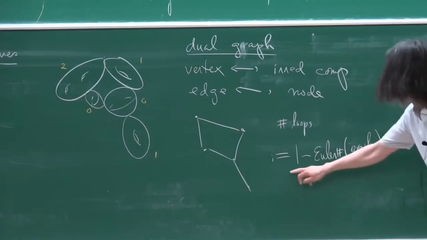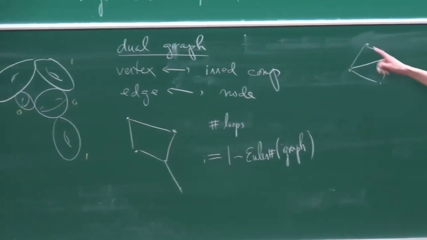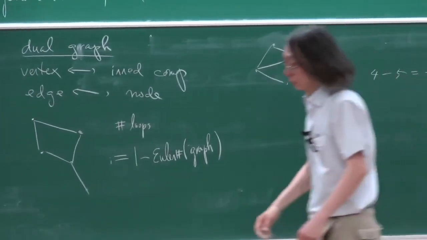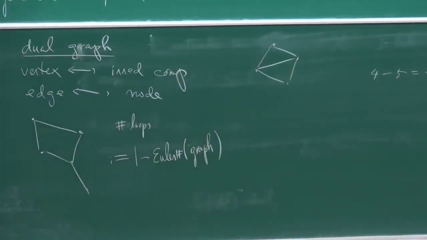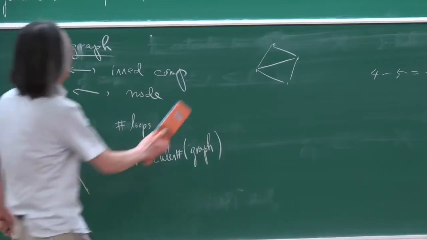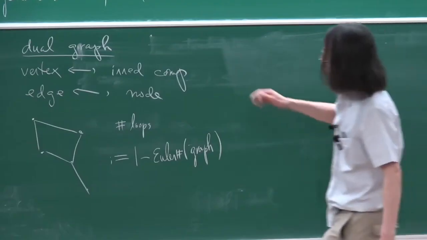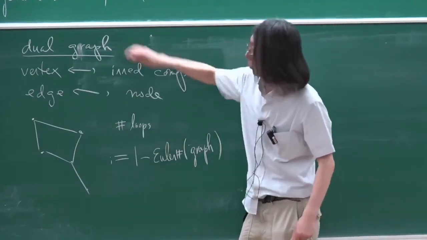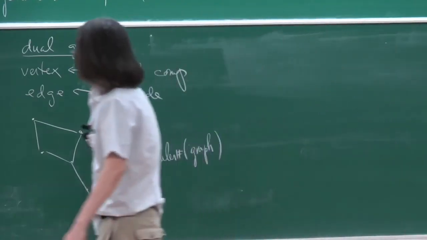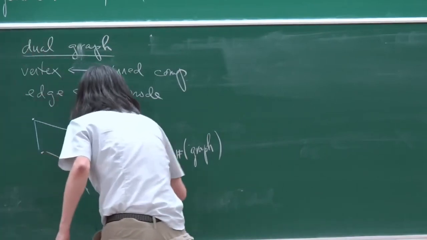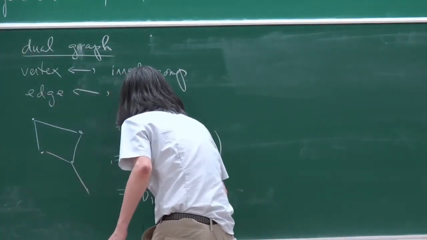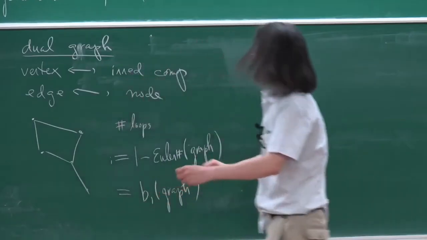Therefore, 1 minus minus 1 equals 2. So I just look at the first Betti number of the graph. Anyway, this is the loop number of the dual graph. So maybe better to write B1 of the graph.